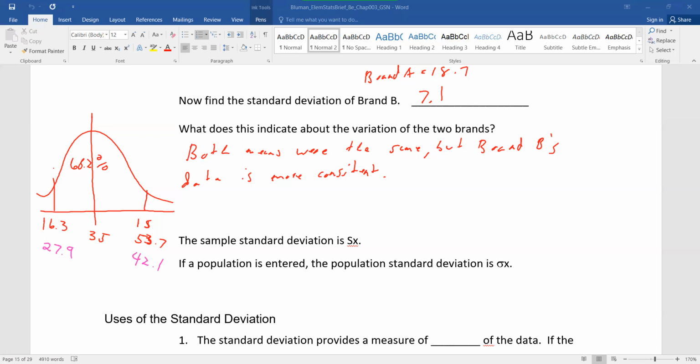Gotcha. But that's what standard deviation does for us. It tells us where the majority of my data is. So the smaller it is, the closer my data is to the mean. And the closer to zero, if you get zero for your standard deviation, that means every number is the exact same. So if I have zero as my standard deviation, all of my numbers will be 35.